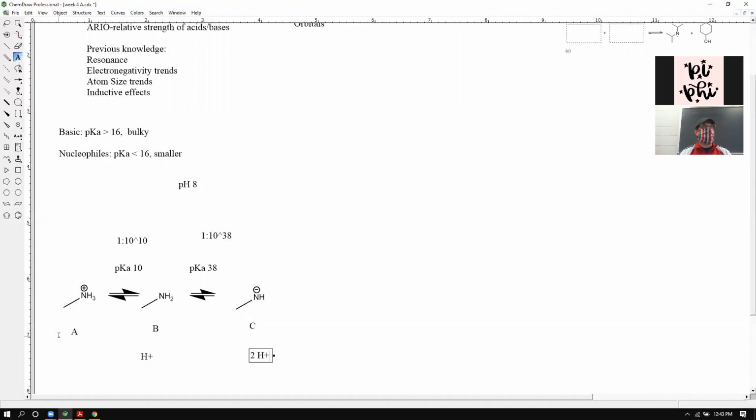Give me a different pH. Give me something fun here. You guys come up with the problem. Pick a number, it doesn't matter. 14. Let's do pH 14. What's going to be the dominant species? I'm going to go right down the row again.